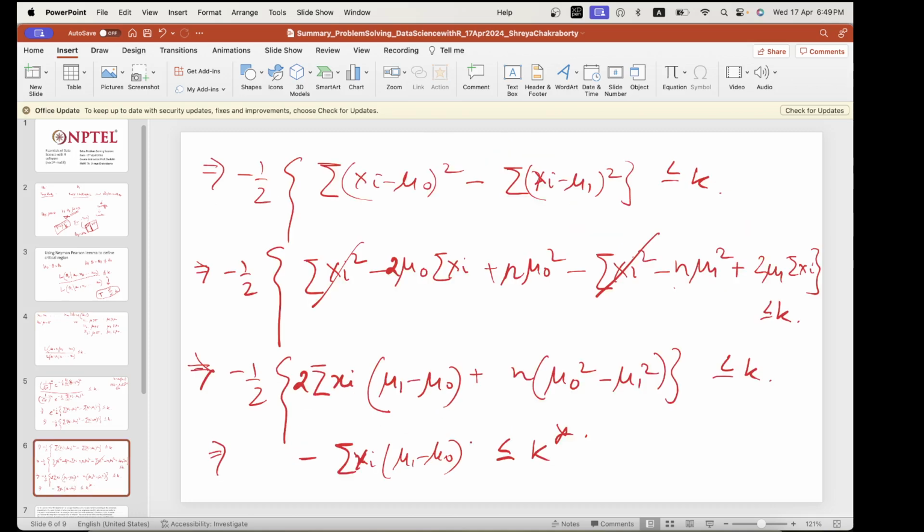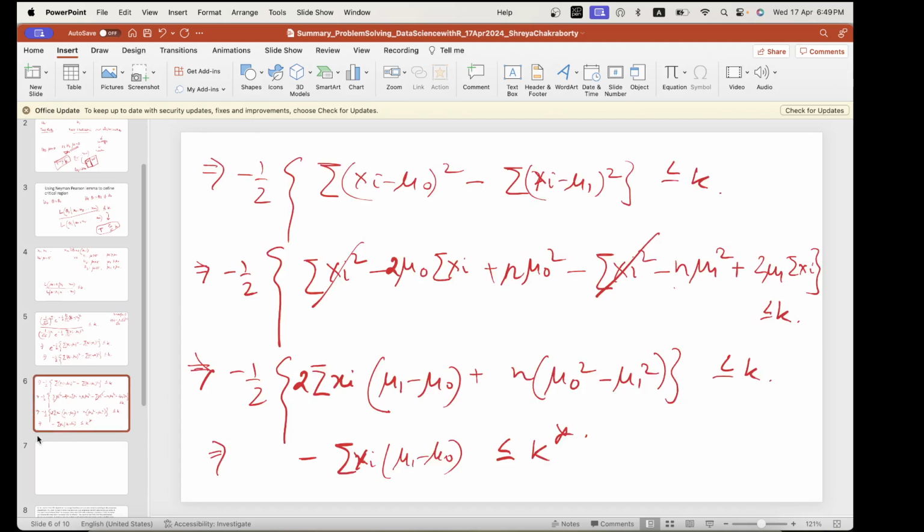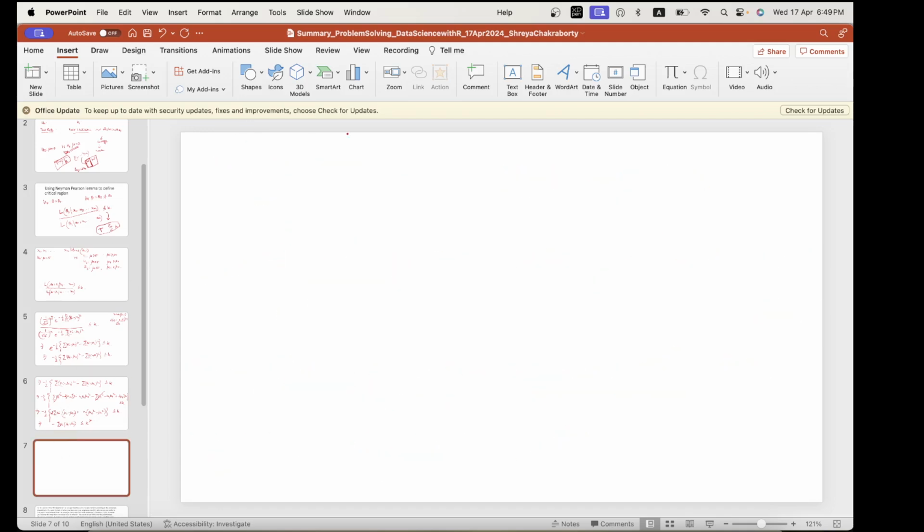Alright, so let's say this is your final result. Okay, so if we take minus on that side, your condition is summation xi (mu1 minus mu naught) should be greater than or equal to some k double star.